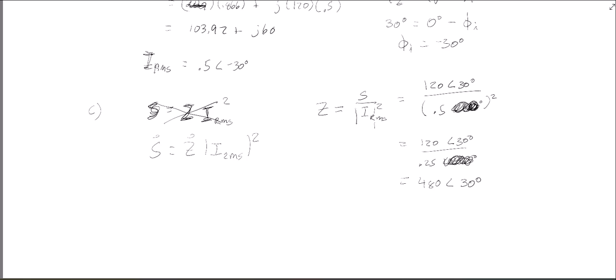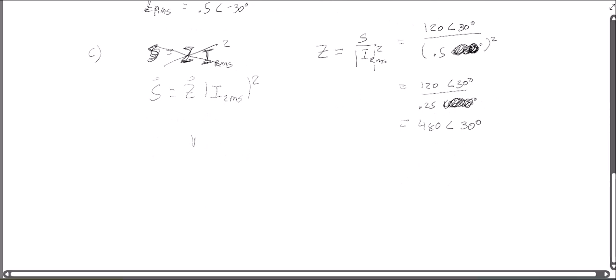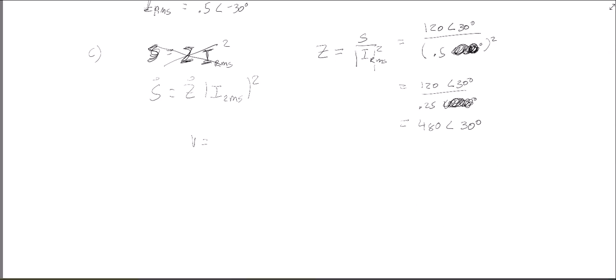480 angle 30. Let me think if I have another way to do this. That's probably what I would have done on my own. I should always just do things my own way.